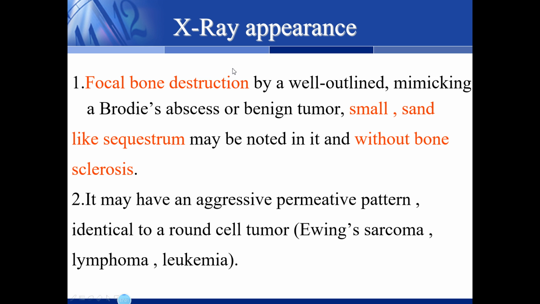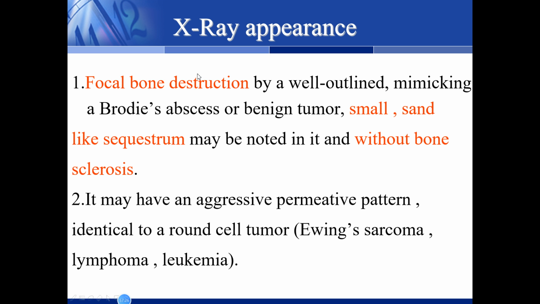The appearance: 1. Focal bone destruction with a well-defined outline, mimicking a Brodie abscess or benign tumor. Small sand-like sequestrum may be noted in it and without bone sclerosis.